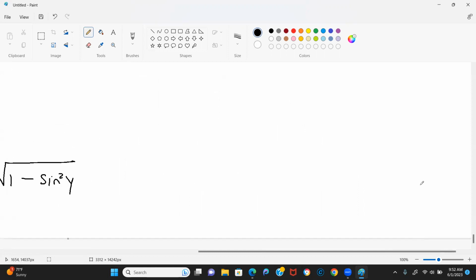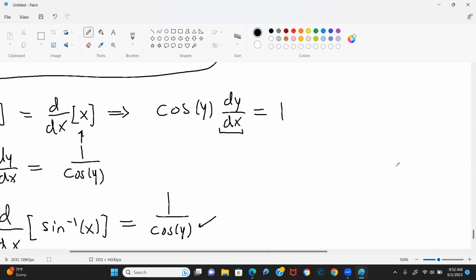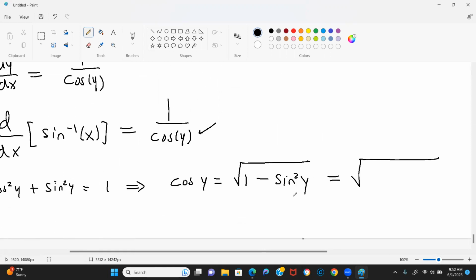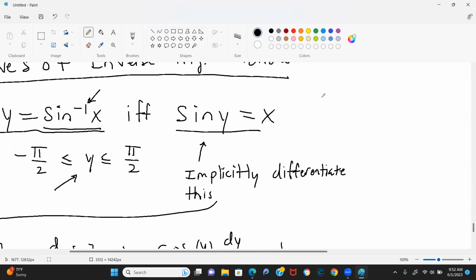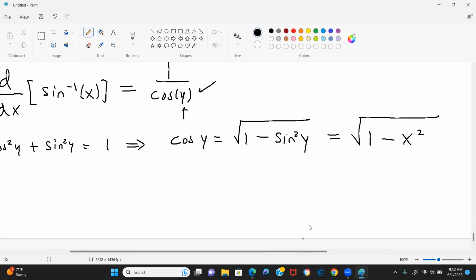But this is nice because sine of y is x. So now we can re-express everything in terms of x. We can completely eliminate y on the right-hand side, so this is going to be the square root of 1 minus x squared. So we want to eliminate that variable y.